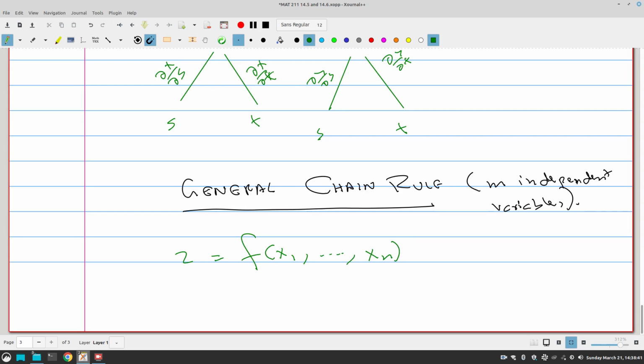And each of these, x1, x2 and xn, are all differentiable functions of t1 to tm.